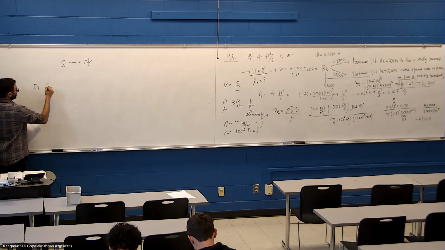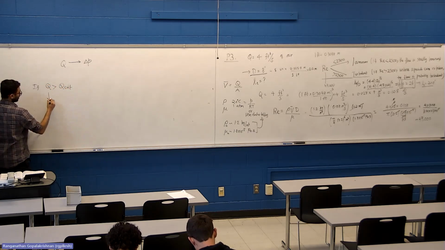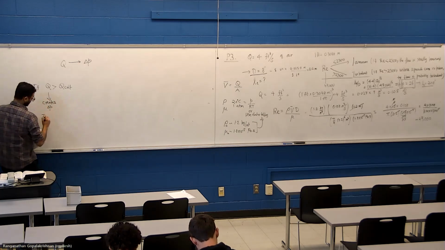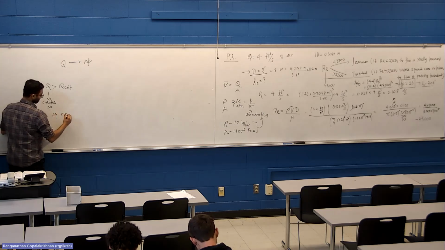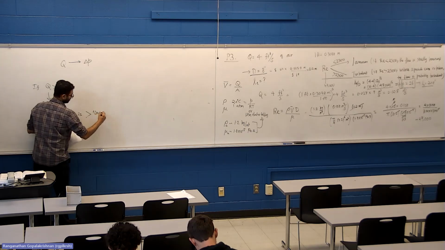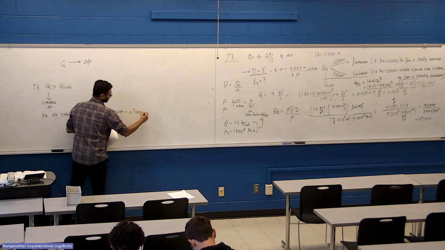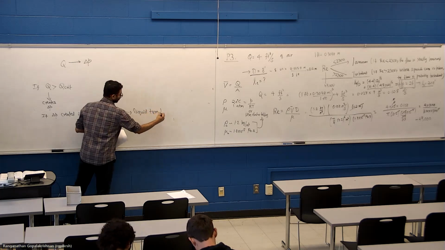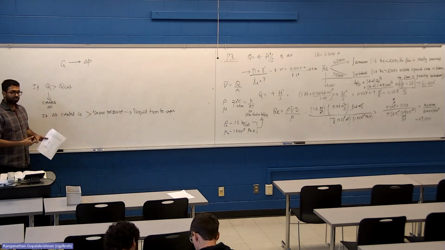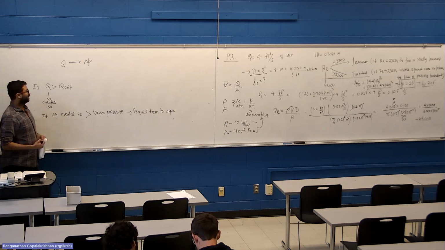If Q is greater than some critical value, Q creates a pressure drop, delta P. If the delta P created is more than the vapor pressure, the liquid will evaporate. Liquid will turn to vapor. This is sudden adiabatic evaporation. You suddenly pull a liquid through, and it vaporizes.